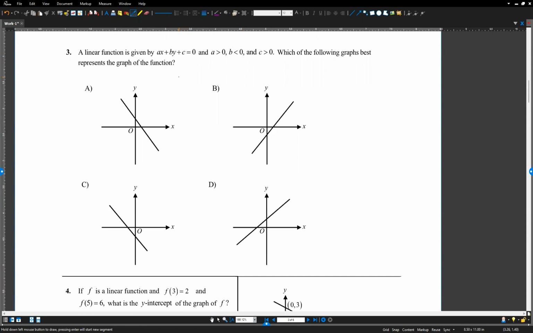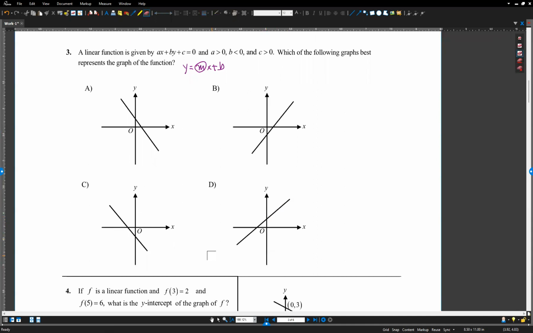To find the graph, we always change into slope-intercept form. Slope-intercept form is y equals mx plus b. From here, we can see the slope is positive and the y-intercept is positive. So we have to check this one.